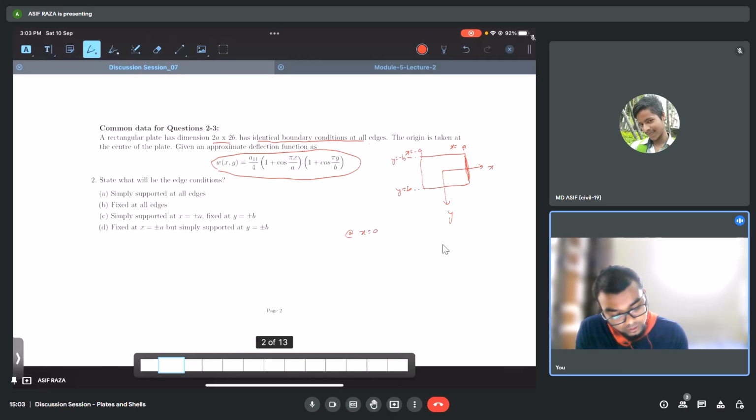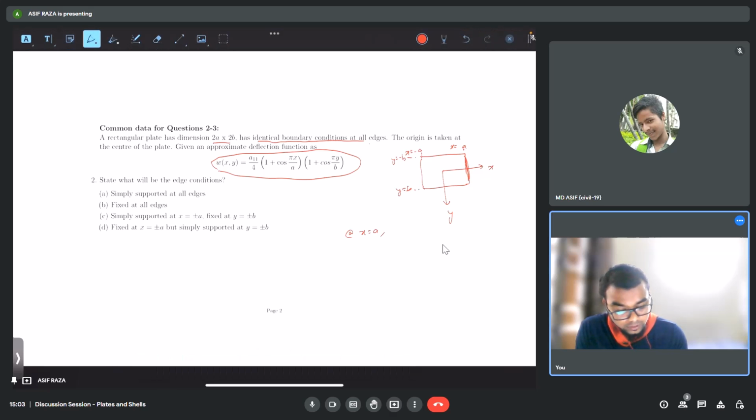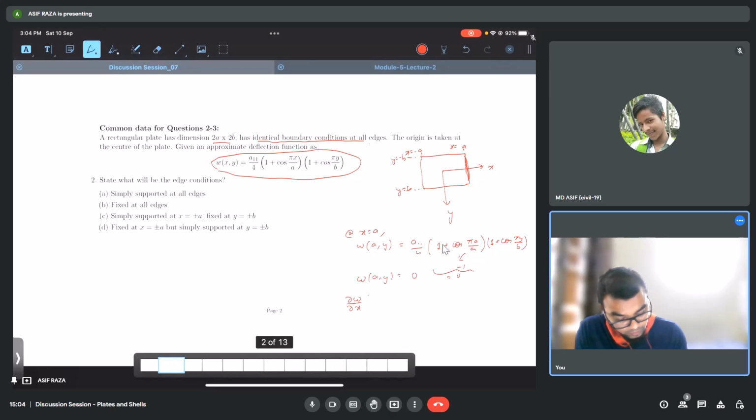So at x equal to a, what do we have? If we substitute (a, y), we get a1 by 4 times (1 plus cos pi a by a) times (1 plus cos pi y by b). So this will give me minus 1 and as a result this will give me 0. So we have the deflection come out to be 0. Now let's find del w by del x at the point (x, y).